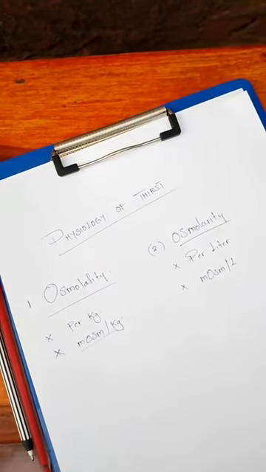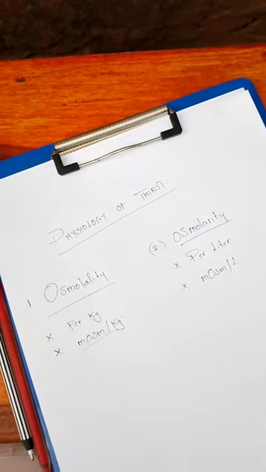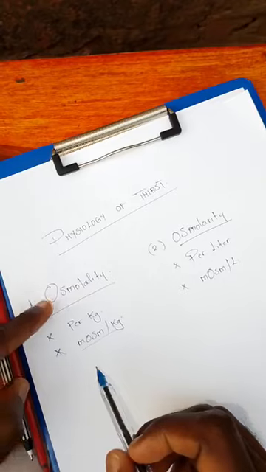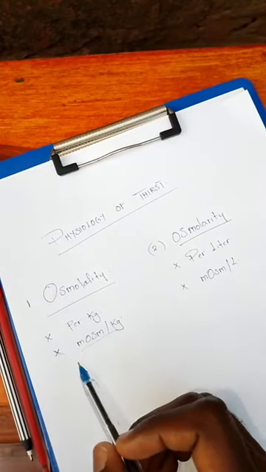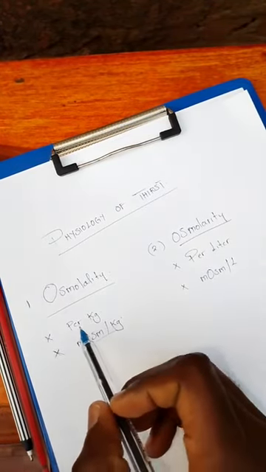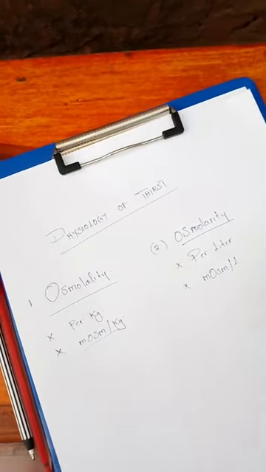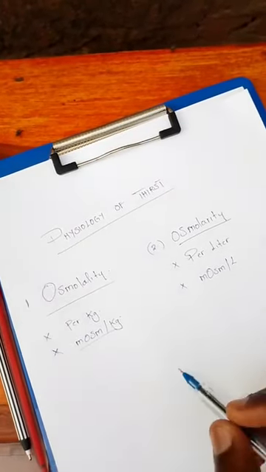So they both talk about the measurement of the concentration of solute particles, but the difference is that osmolality measures those solute particles per kg of a solvent, while osmolarity is per liter of a solution.